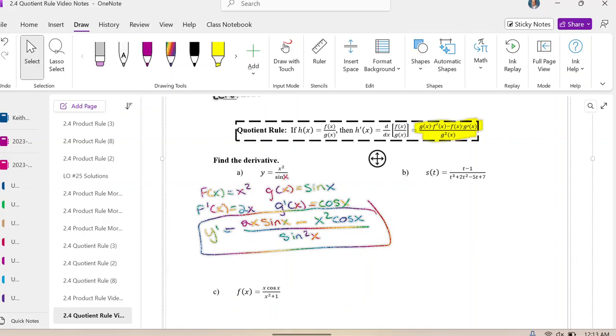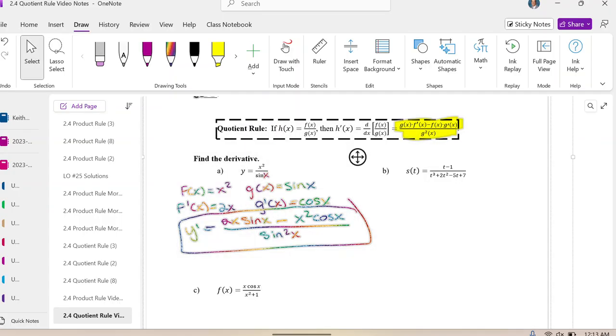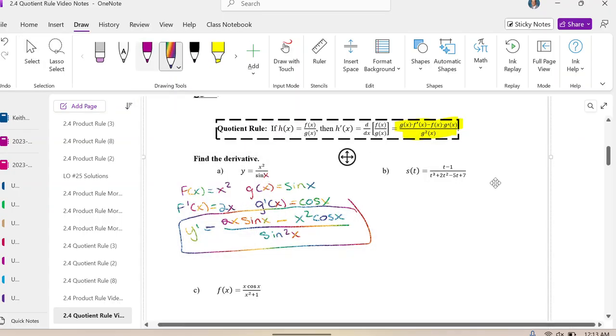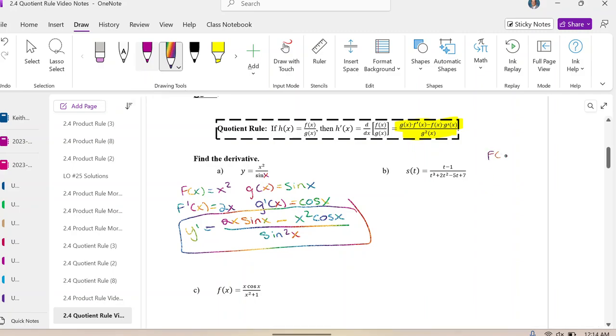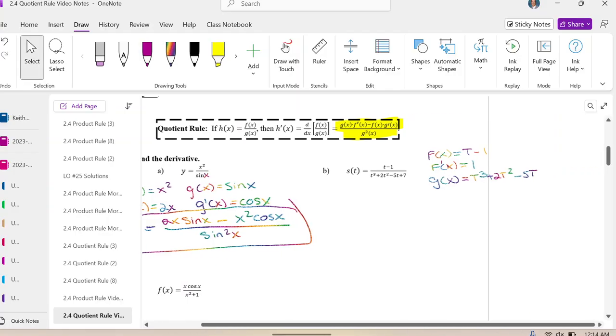Now for part B, the numerator is t minus 1. The derivative of that is 1. The denominator is t to the third plus 2t squared minus 5t plus 7.